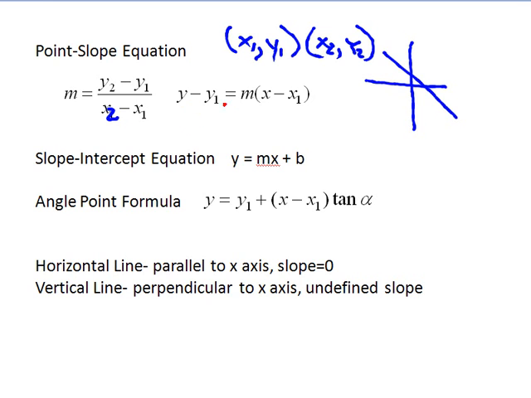We can also use this formula to determine the equation for the graph. The slope-intercept equation is this one. You have a value for Y. M is the slope, X is the variable, and B is referred to as the y-intercept.